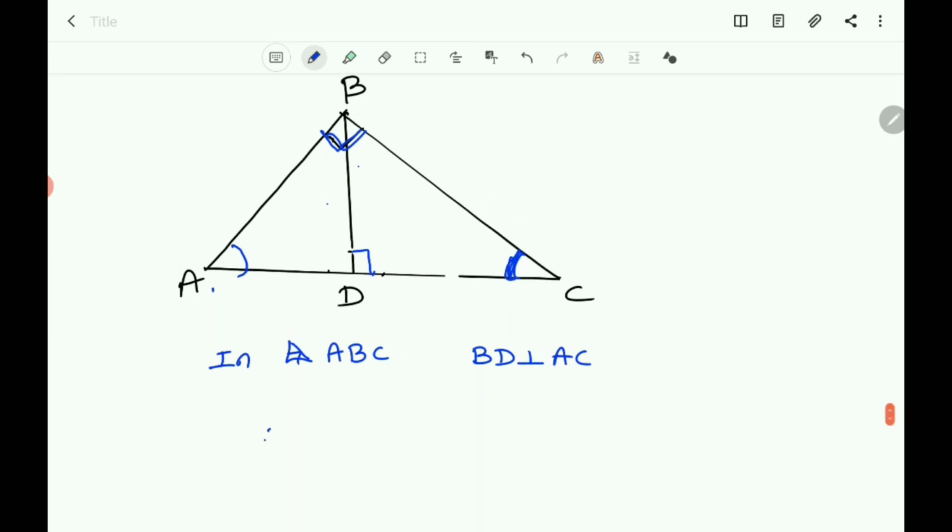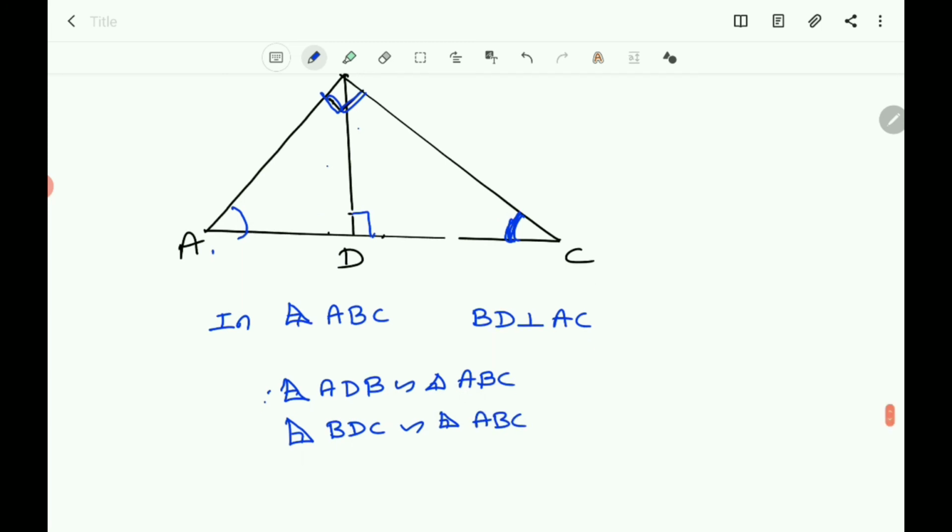Therefore, what you can say here: triangle ADB is similar to triangle ABC, and triangle BDC is similar to triangle ABC, and also triangle ADB is similar to triangle BDC. Here you will get three pairs.